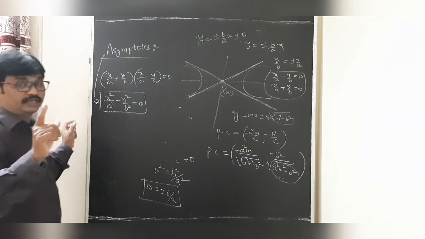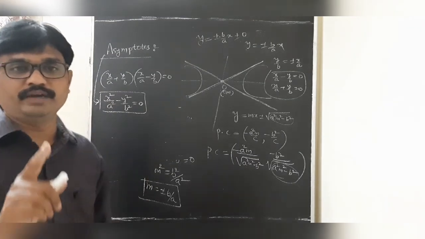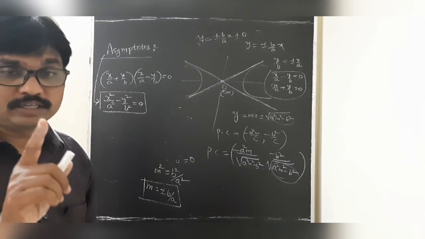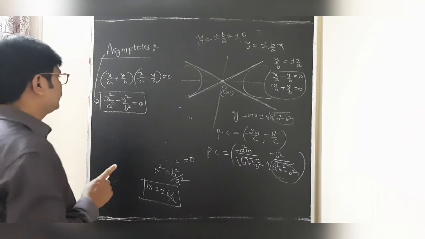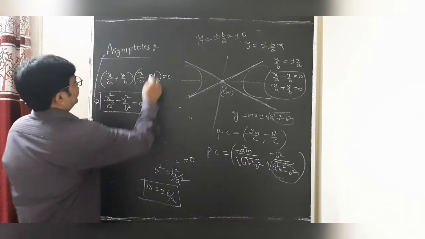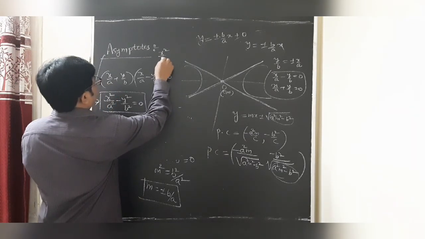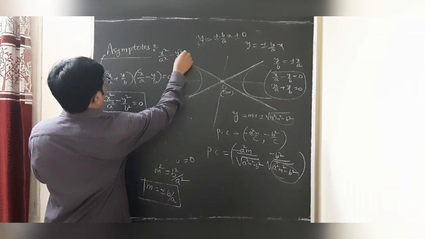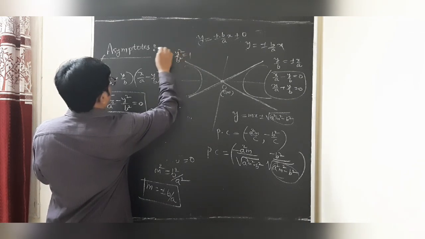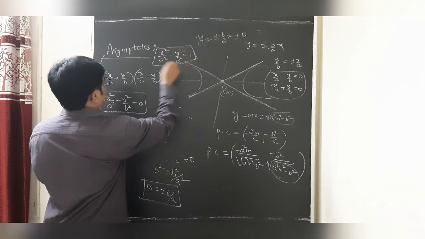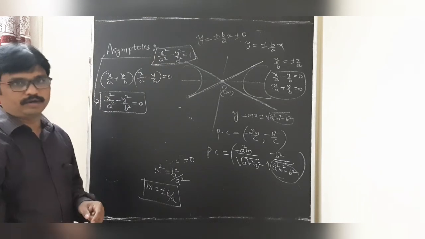The first observation is asymptotes are always passing through the center. Another observation, students: the hyperbola equation is x square by a square minus y square by b square equal to 1. This is the equation of the hyperbola.